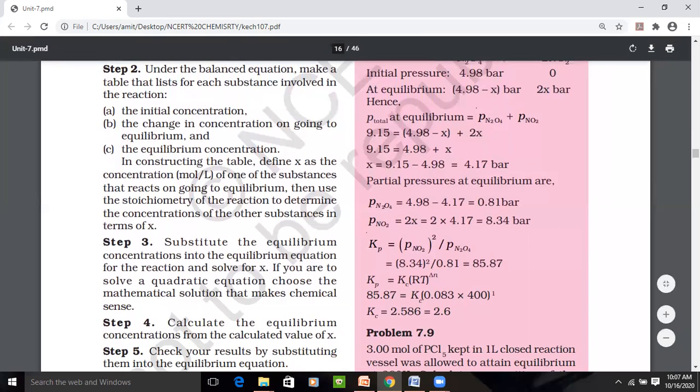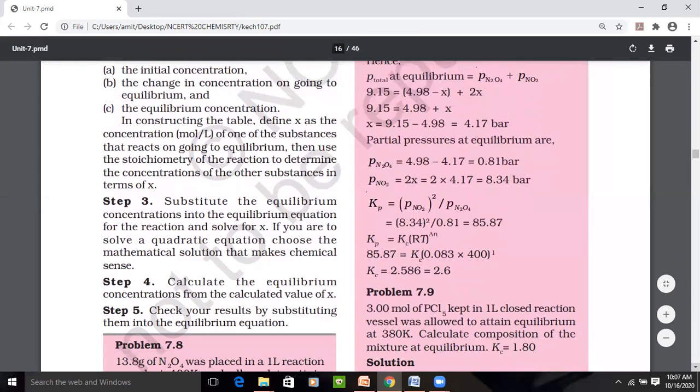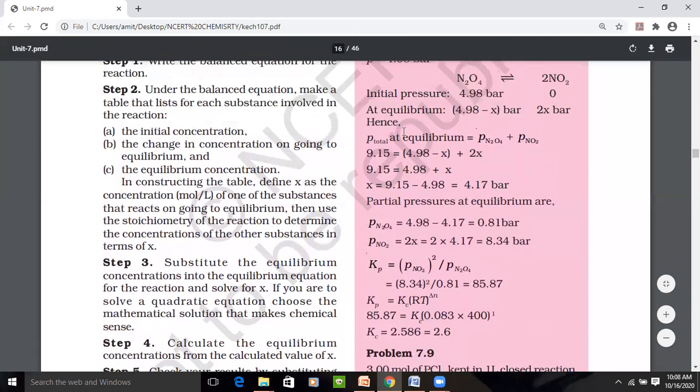Now, if you want to find the partial pressure exerted by each gas in that chamber, you can calculate it by substituting the value of x into the previous formula. What was that? PN2O4 is 4.98 minus 4.17, as we assumed 4.98 as the pressure exerted by N2O4.